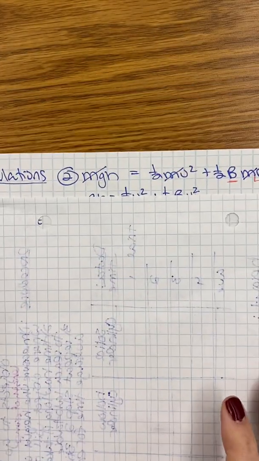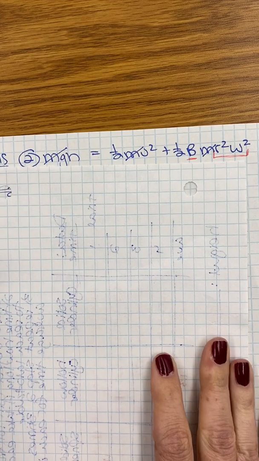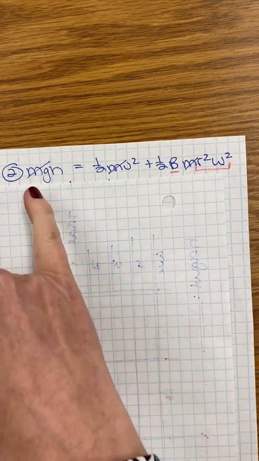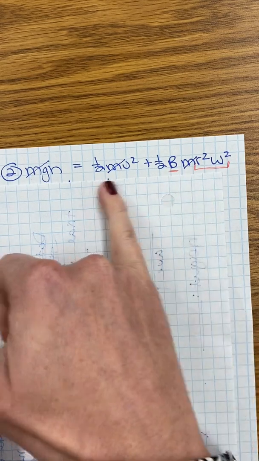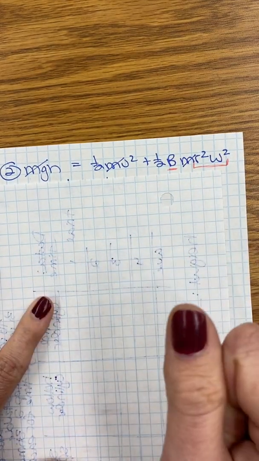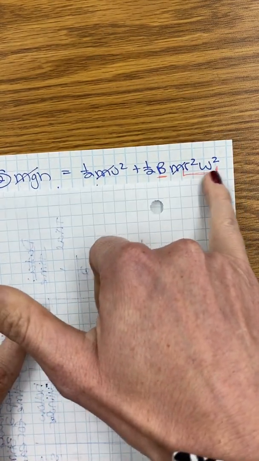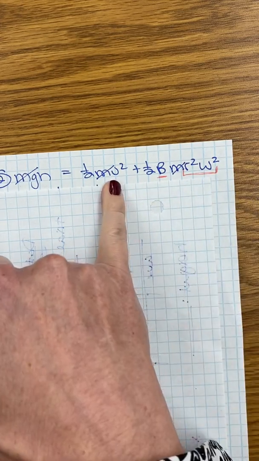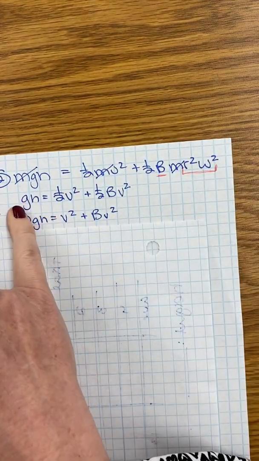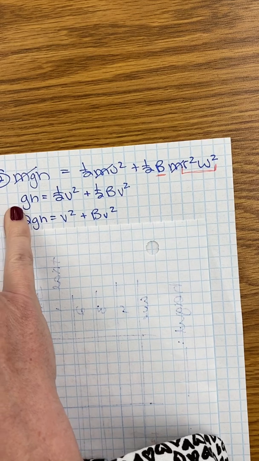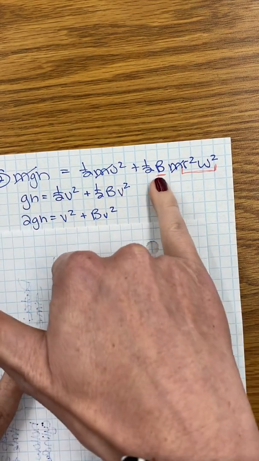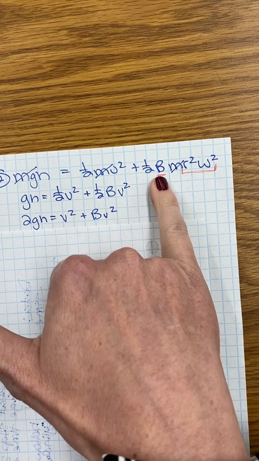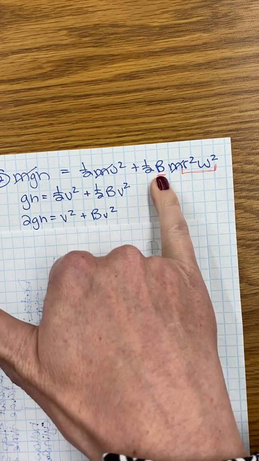I started with conservation of energy. These objects are rolling, so it starts with gravitational potential, ends with kinetic, both kinds of kinetic energy. My R squared, omega squared is equal to V squared. So I consolidated my equation, and also my M's end up canceling out. So this B is what I called our fraction, what we're looking for in the equation.